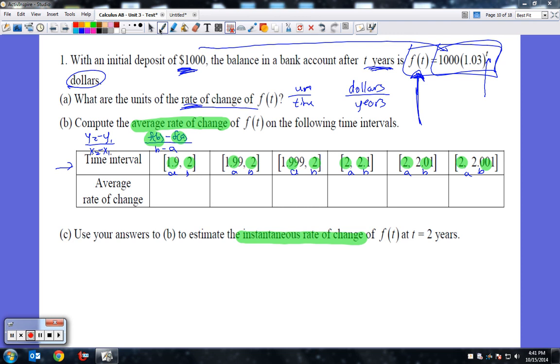All right, so the average rate of change is going to come from whatever f of 2 is minus f of 1.9 over 2 minus 1.9. So you can see 2 minus 1.9 is going to be 0.1. Okay? And then let's go ahead and do this in the calculator just so you can see what I'm talking about.